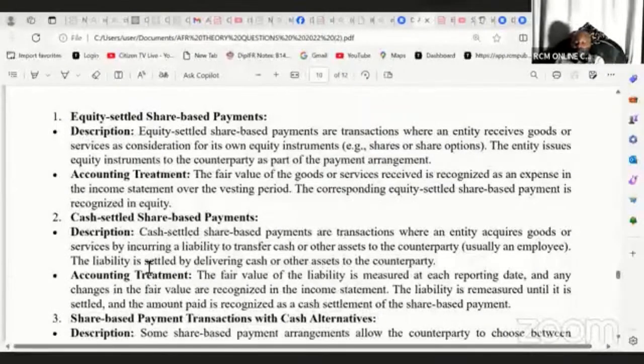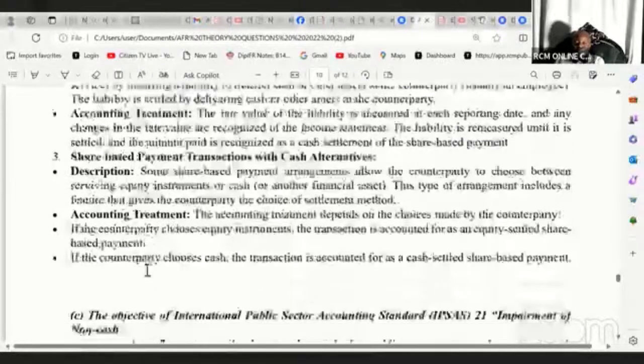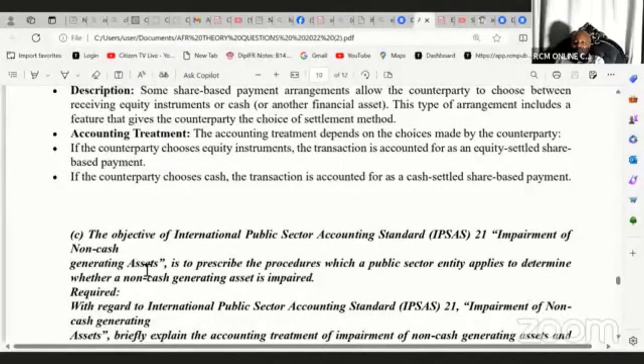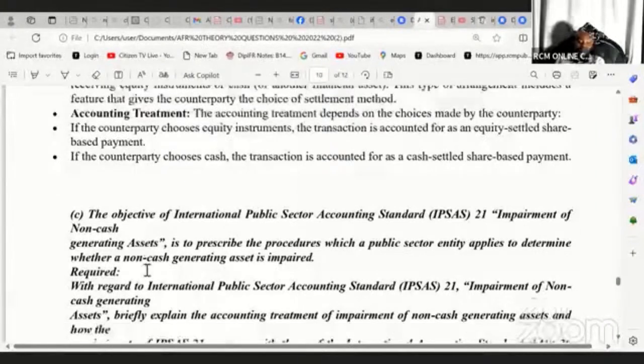Ladies and gentlemen, we shall be able to go straight away to the next question. The next question was not a tough one. The objective of International Public Sector Accounting Standards, IPSAS 21, impairment of non-cash generating assets, is to prescribe the procedures which a public sector entity applies to determine whether a non-cash generating unit is impaired or not.